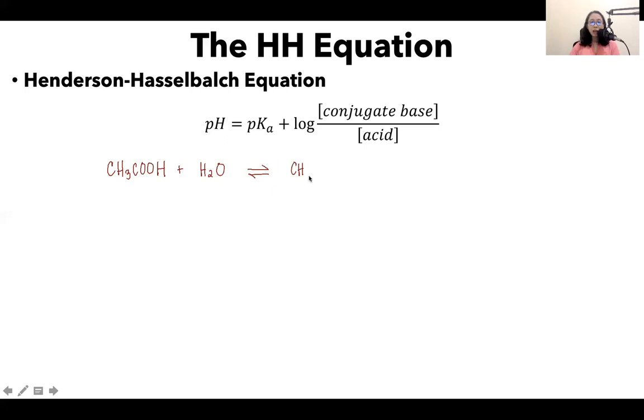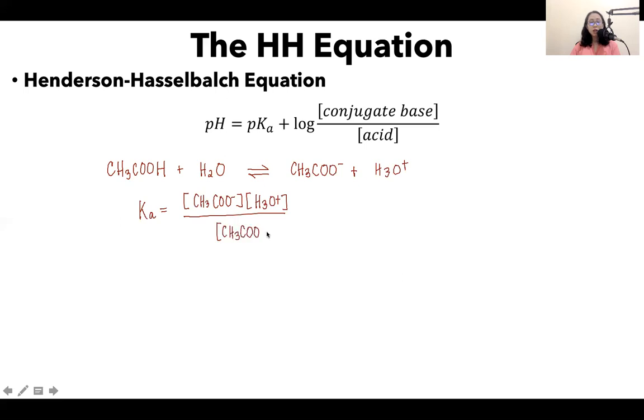Then we have the conjugate base acetate plus hydronium ion. We write the equilibrium constant expression for this dissociation reaction as the concentration of our products. So we have the concentration of acetate times the concentration of hydronium ion over the concentration of acetic acid.